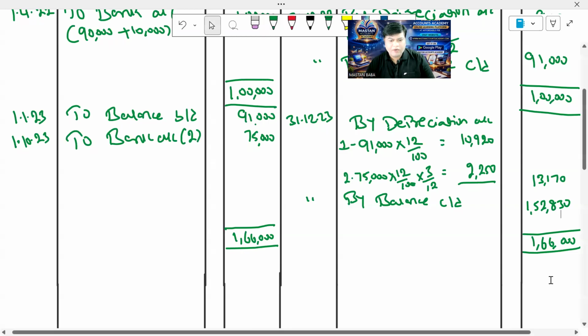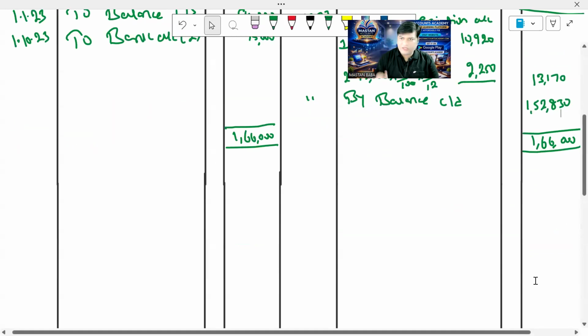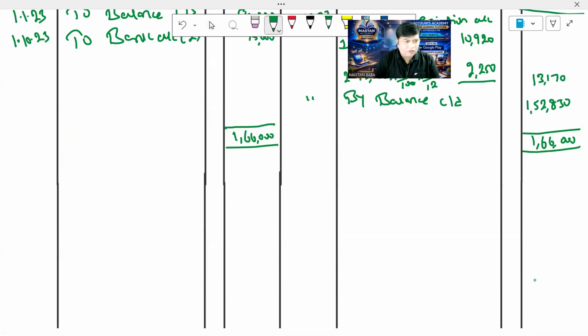Next, dear students, 1.1.24, the second year is completed and we come to the third year. To balance brought down, that is 1,52,830.